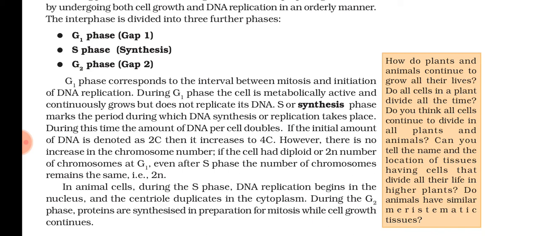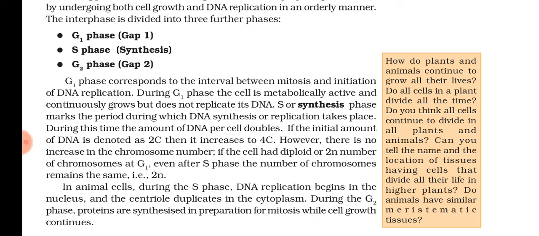This DNA is seen as a linear molecule, meaning from top to bottom of the chromosome it is arranged linearly. Understood? So this DNA molecule will get replicated, meaning from one DNA, two DNA molecules will be formed.